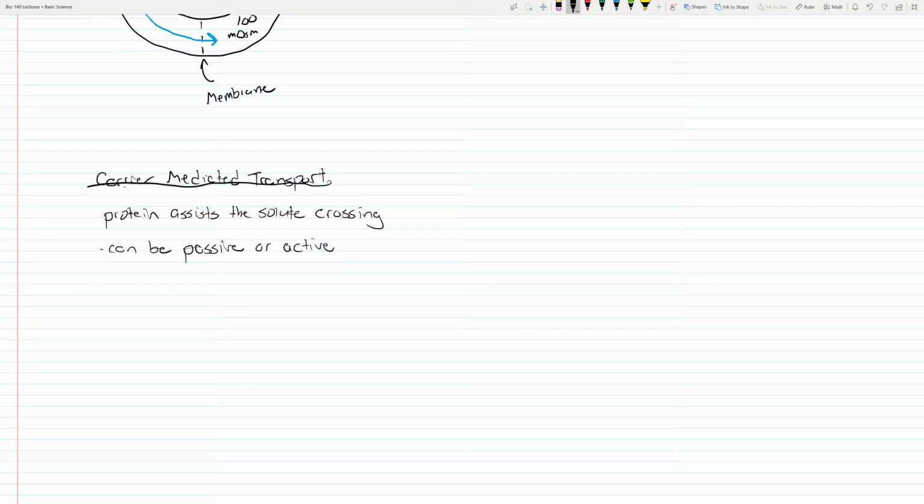Now, carrier-mediated transport has some characteristics. The characteristics are: one, it is specific.